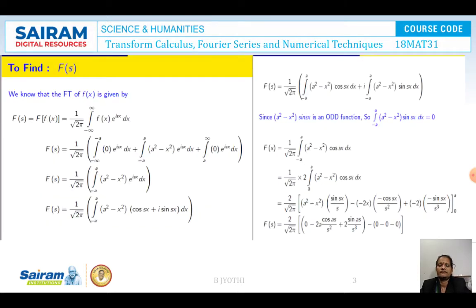Now let's consider the definition. The Fourier transform of f(x) is given by F(s) = 1/√(2π) ∫ from −∞ to +∞ of f(x) e^(isx) dx. This integral can be split as from −∞ to −a, where the function is 0, from −a to +a, where the function is a² − x² times e^(isx), and from a to ∞, again 0.